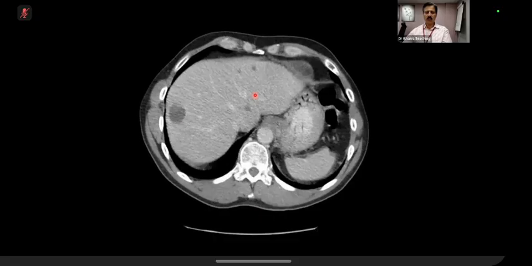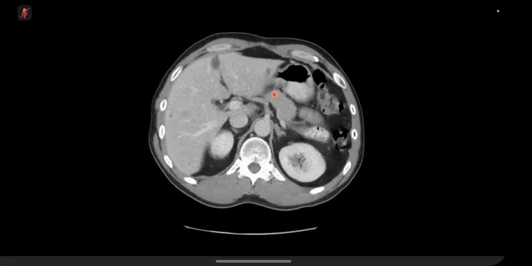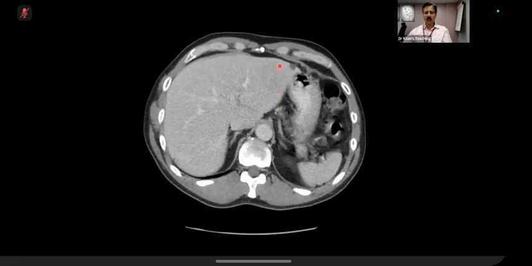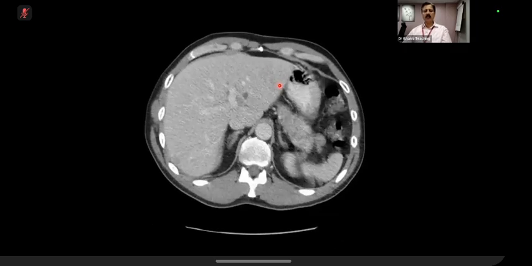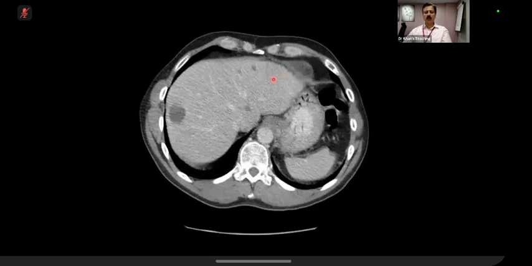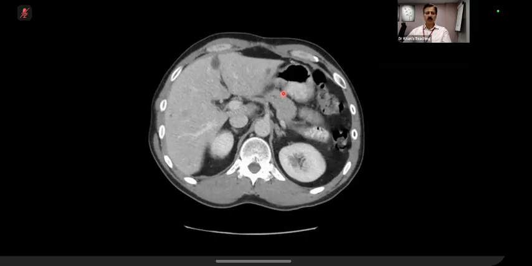By the way, all of these are simple cysts. There is a metastasis which is sitting actually here where I'm pointing out. And this is just a portal venous phase. Key learning point here is that in the end, I will show you a liver window, and on liver window, you will see it. So that's the point to remember, but I'll come back to this metastasis.